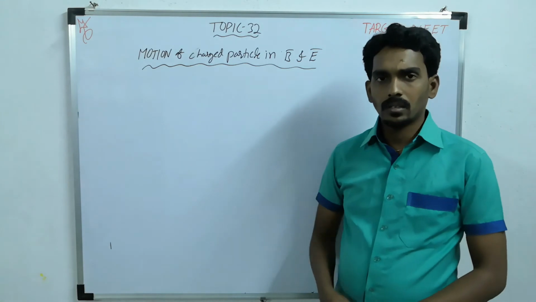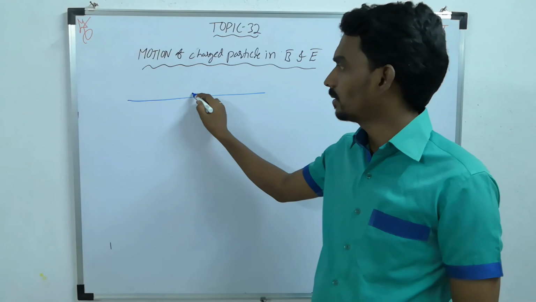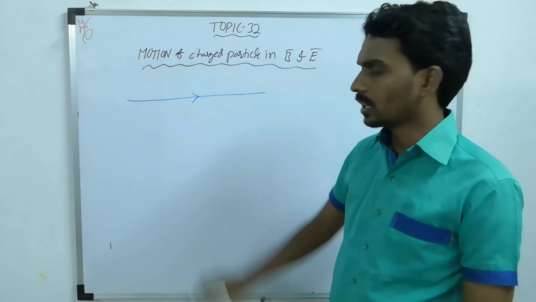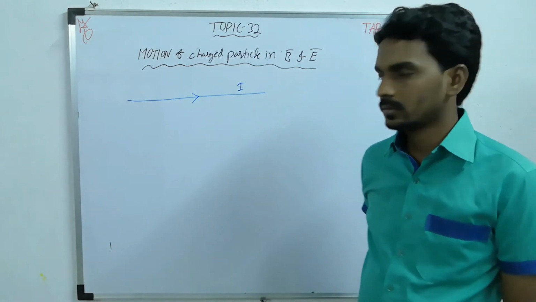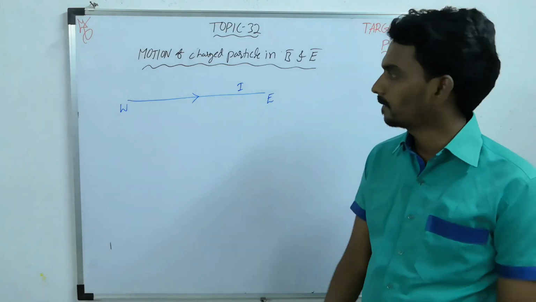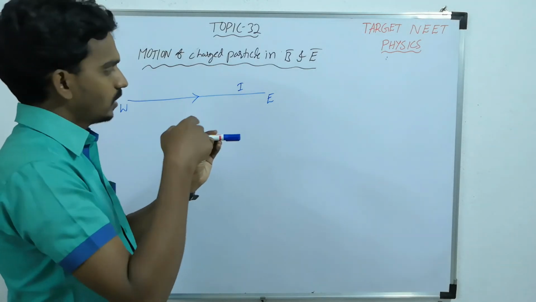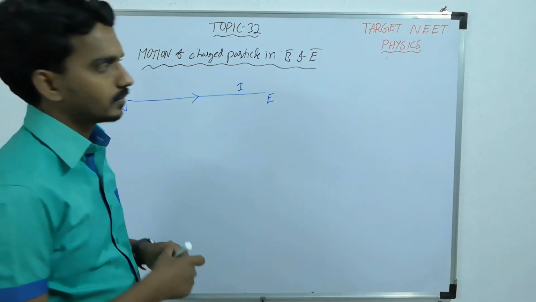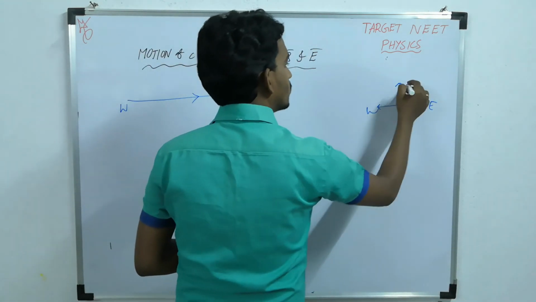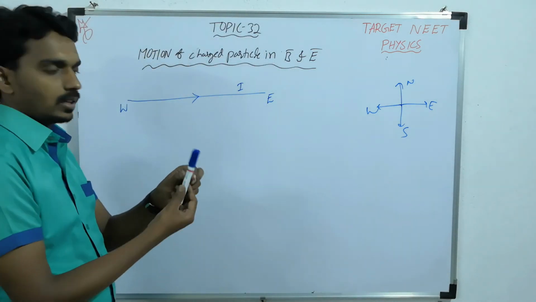Let us consider one question like that. Suppose there is a current carrying wire along the east-west direction. Always consider it like this: east, west, north, south, and this is up, down.